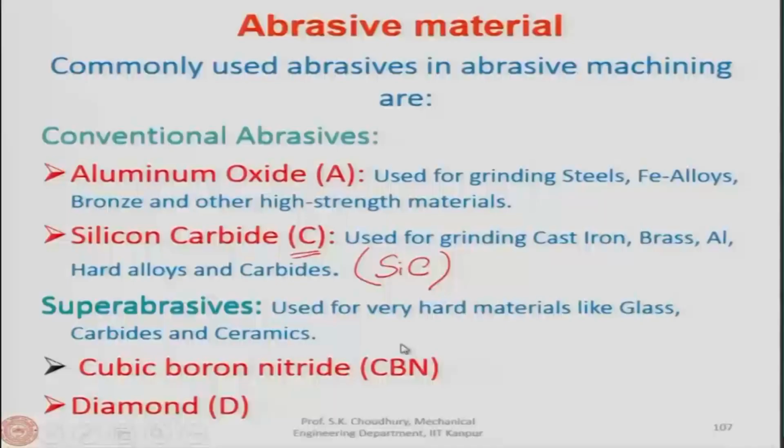The hard materials normally are also the brittle materials. Now, the cubic boron nitrides and diamond, I already told you that they are used for grinding very hard materials, glass, carbides, ceramics, etc.